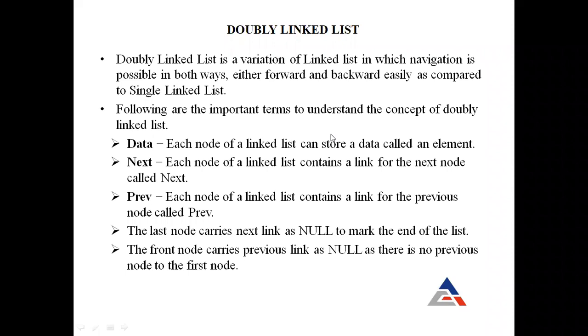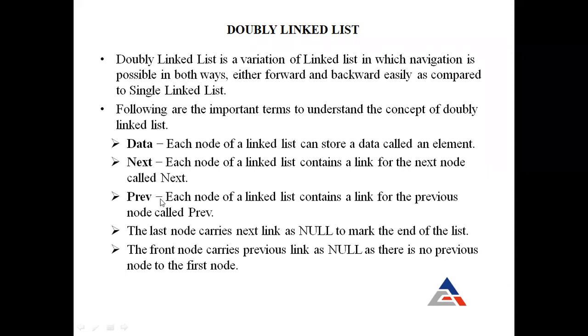A doubly linked list has nodes with 3 parts. First is the data. Each node of the list can store data called element. Then next: each node of the doubly linked list contains a link to the next node, called next. Then previous, PREV.